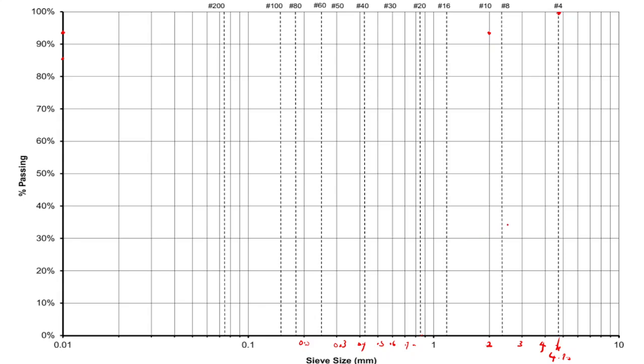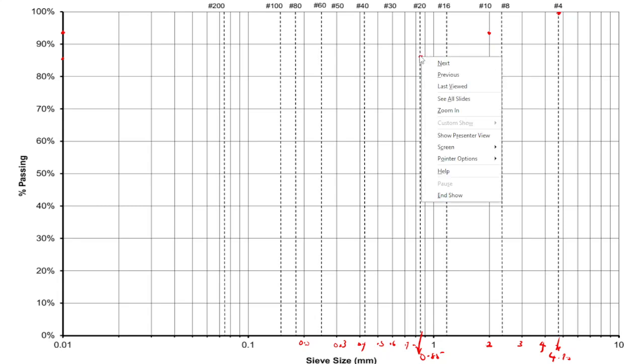You trace it with the 86.3. If you place your ruler, make sure it's straight. I think this is still okay. So we place our point here.